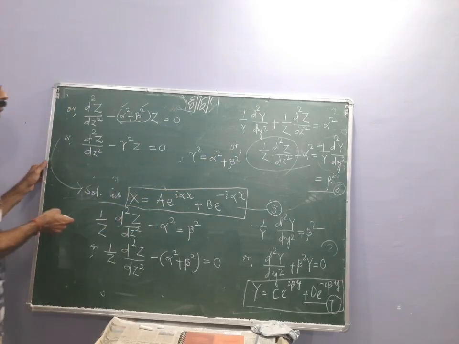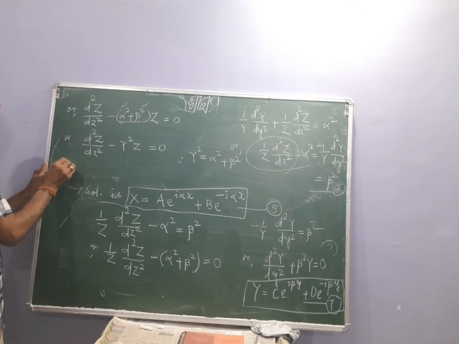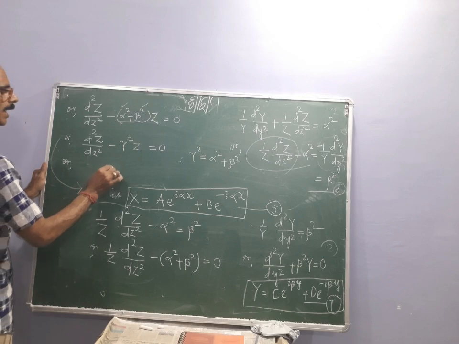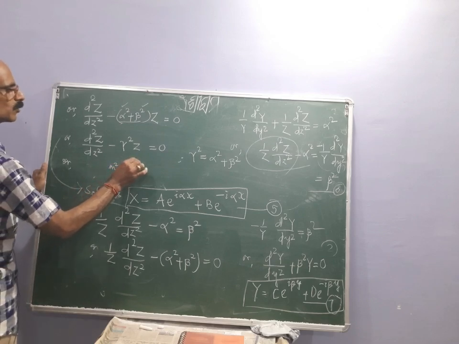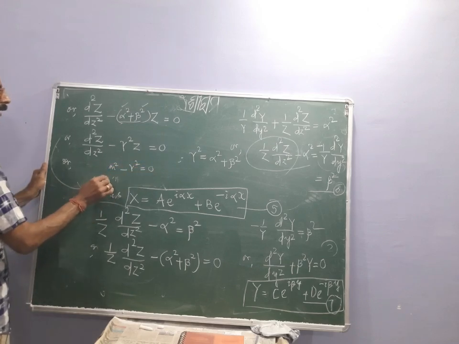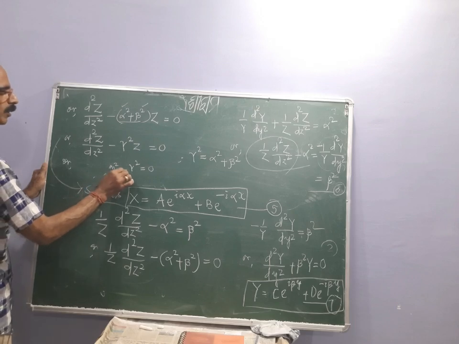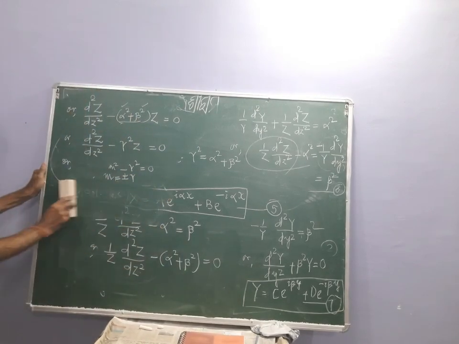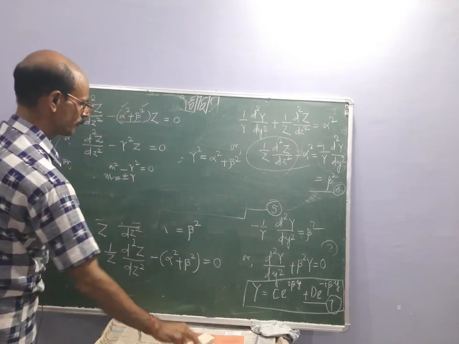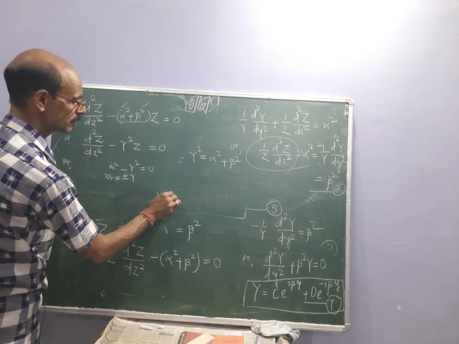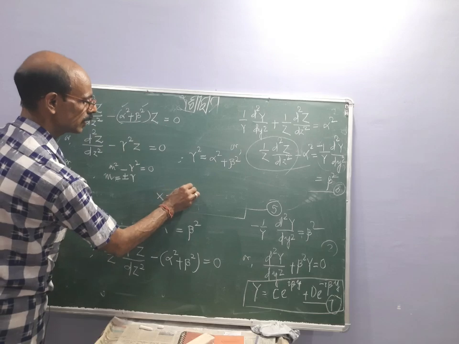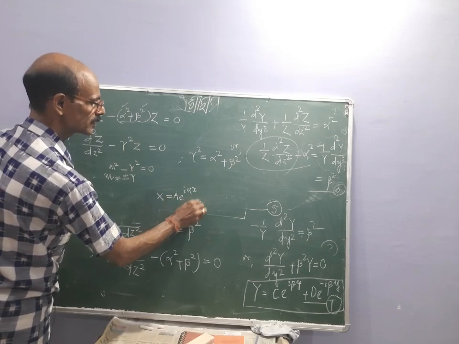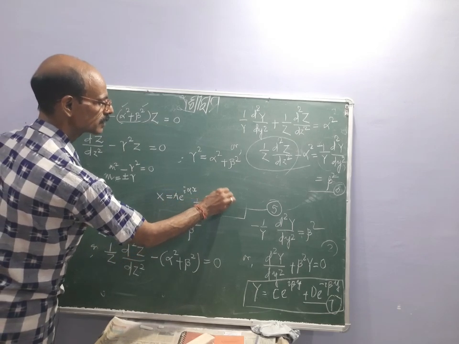Its auxiliary equation will be m square minus gamma square is equal to 0. That means m is equal to plus or minus gamma. Hence, here I had written X as a exponential i alpha x plus b exponential minus i alpha x.